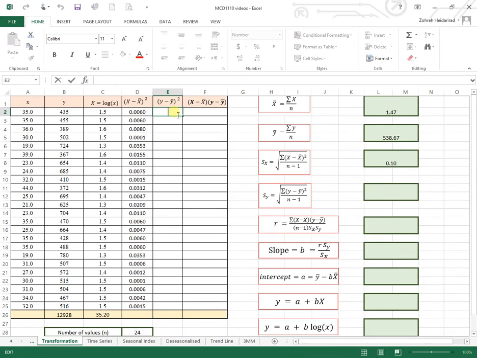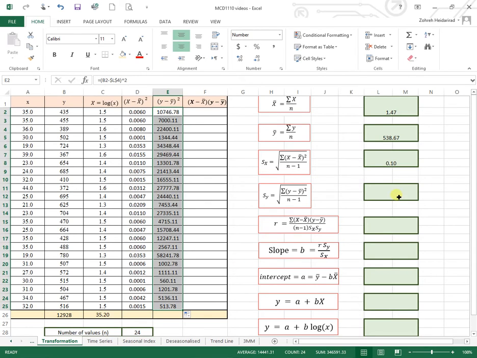Standard deviation of y, the story is exactly the same. Actually, it is the y value minus y bar to the power of 2, and I fix the address of the cell, which includes the mean of y values, to make it an absolute cell. Now I just drag this down and apply it on the rest of the cells.